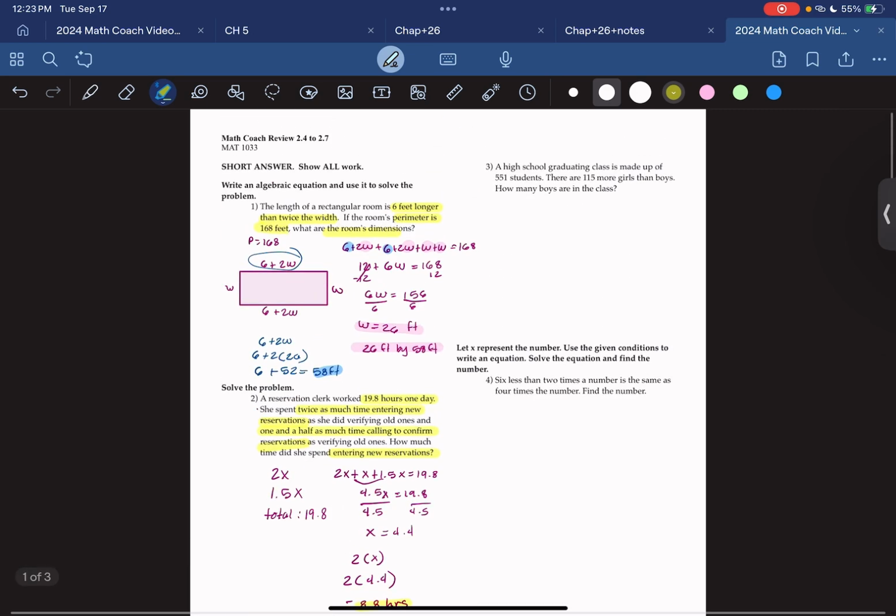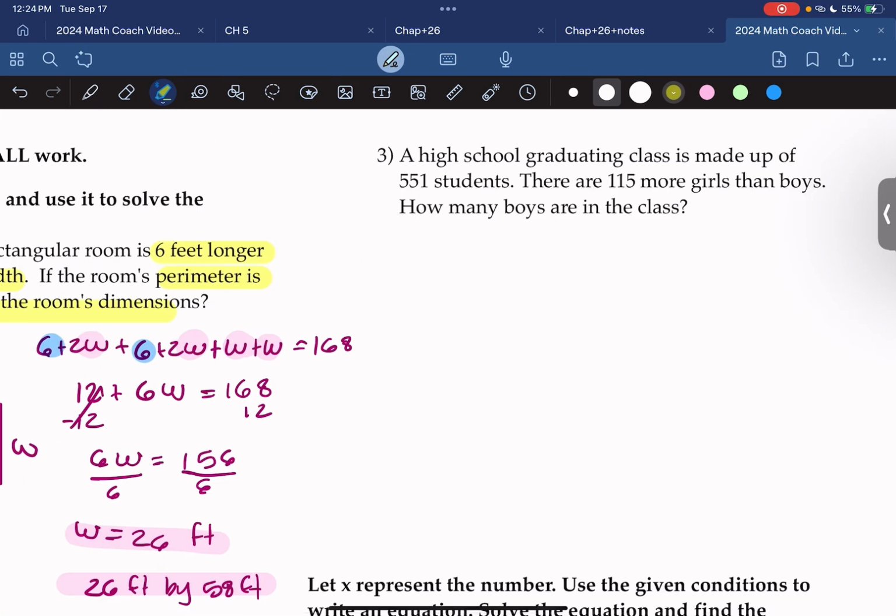So now let's do number 3. A high school graduating class is made up of 551 students. There are 115 more girls than boys. How many boys are in the class? So total is 551, and there are 115 more girls than boys. How many boys are in the class?